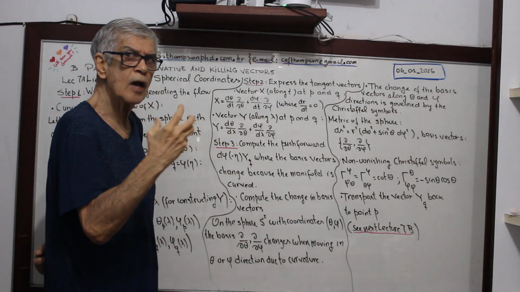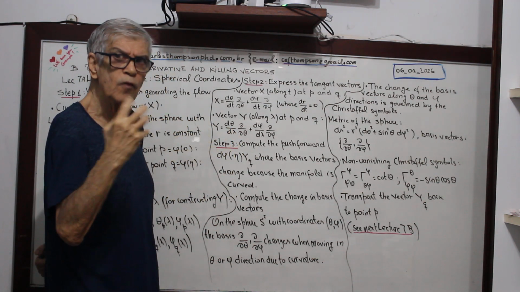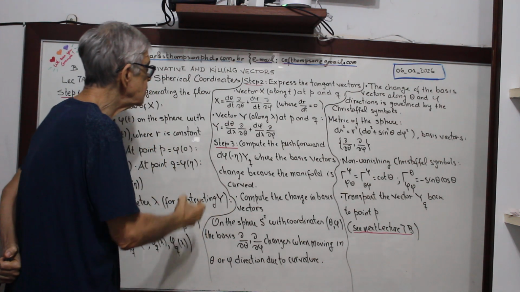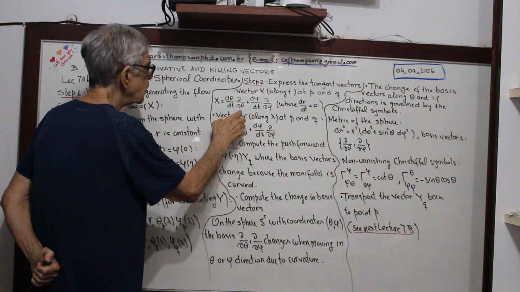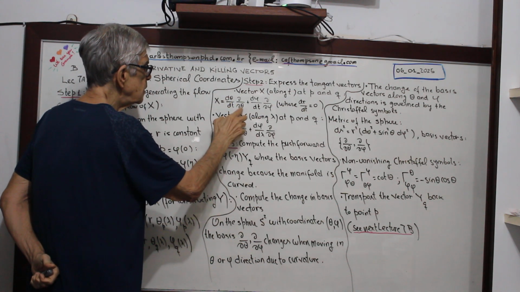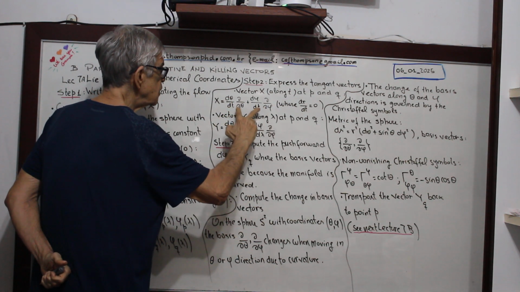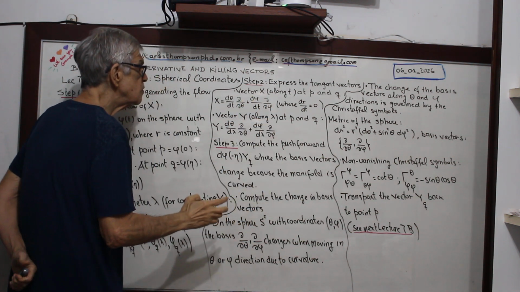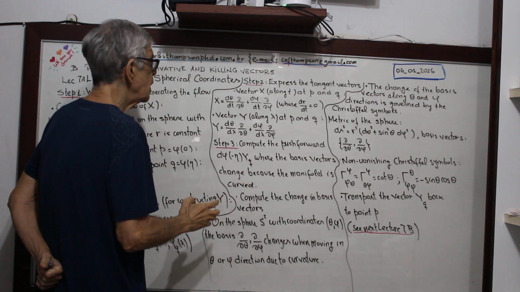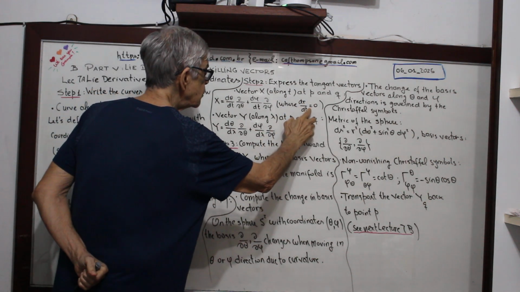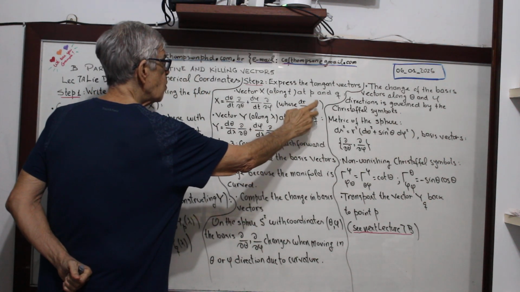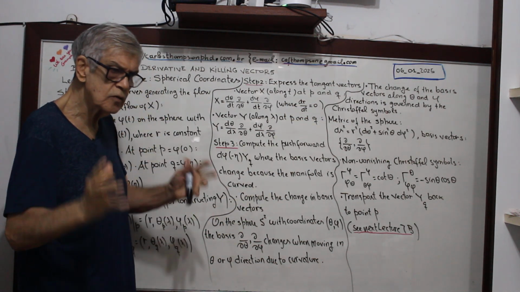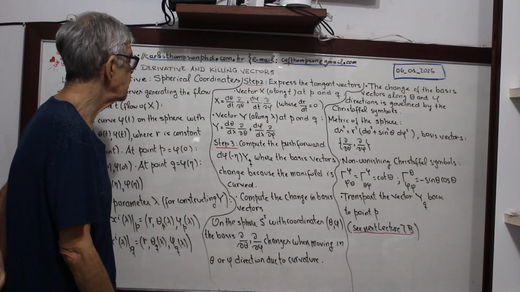The tangent vector X is not influenced by the radius r. So this is d theta/dt. This is a basis vector. The partial of theta and partial of phi are the basis vectors, where dr/dt is 0, as I said before, because r is constant. The radius of the sphere is constant.